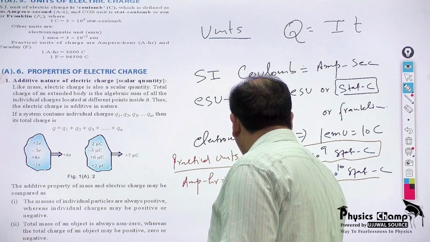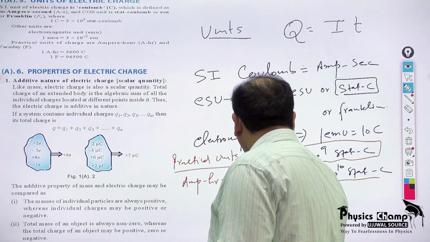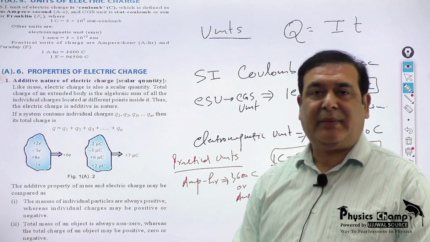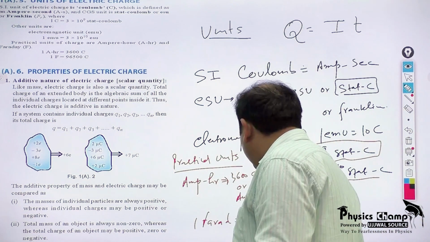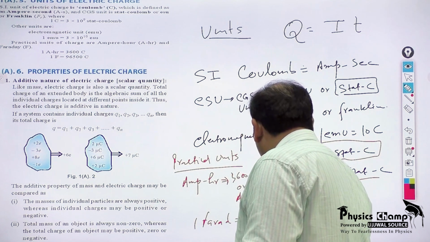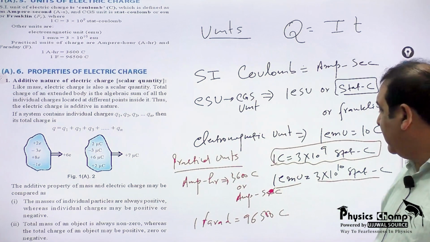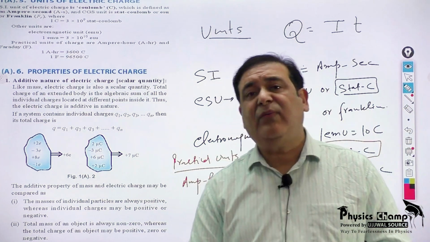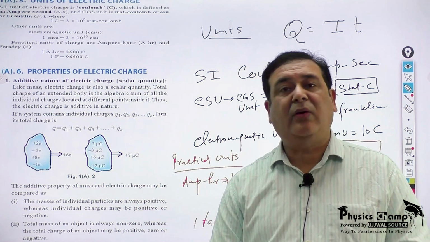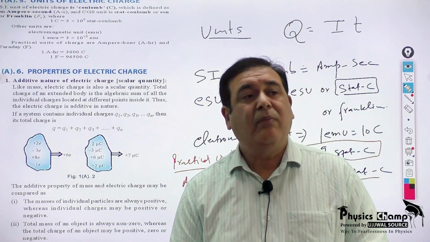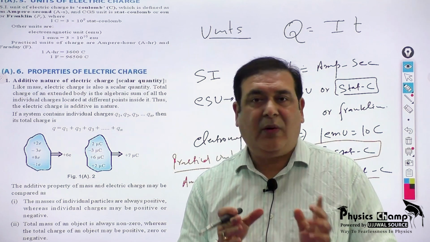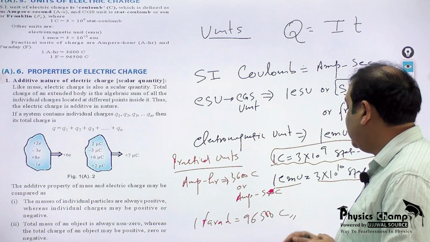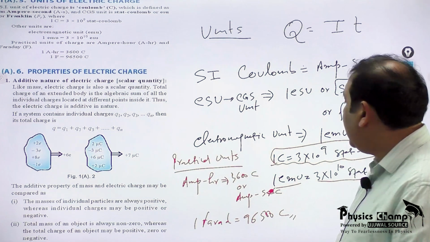Similarly, 1 Faraday is 96500 coulomb, and this unit is used in electroplating. In electroplating, 1 Faraday is the amount of charge required to accumulate 1 mole of the substance on one of the electrodes. So that's how we have got various units.